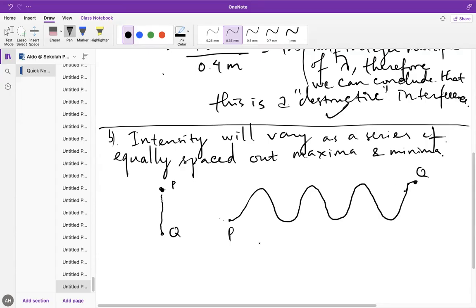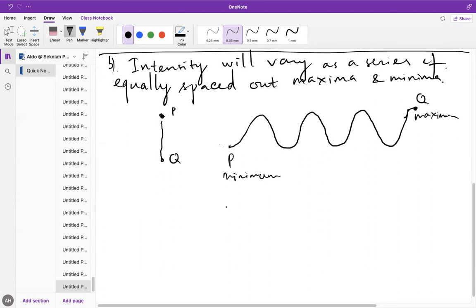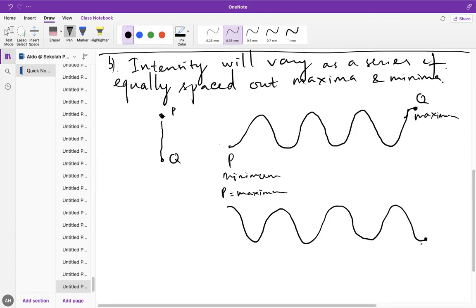So this is Q. You start at P with a minimum, and you end up at a maximum at Q, or vice versa. You can also say that at P it starts at a maximum, and then ends up at Q at a minimum. Question, Jessica and the others? Clear?